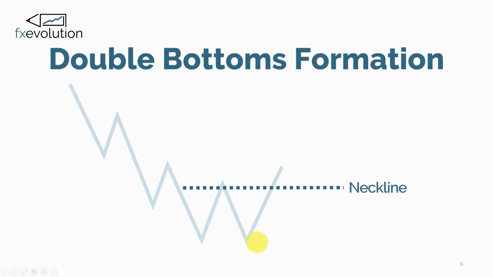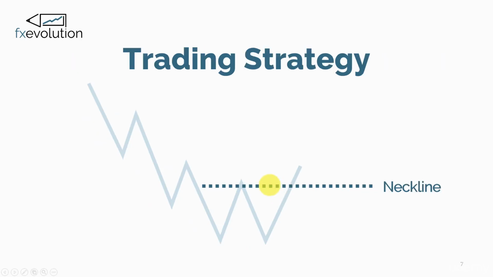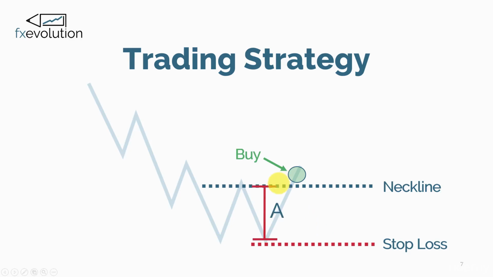This forms the double bottom, and therefore when price breaks again above the neckline, we'd be looking this time to buy, with our stop below the two bottoms and our take profit as the distance between the two bottoms and the neckline.